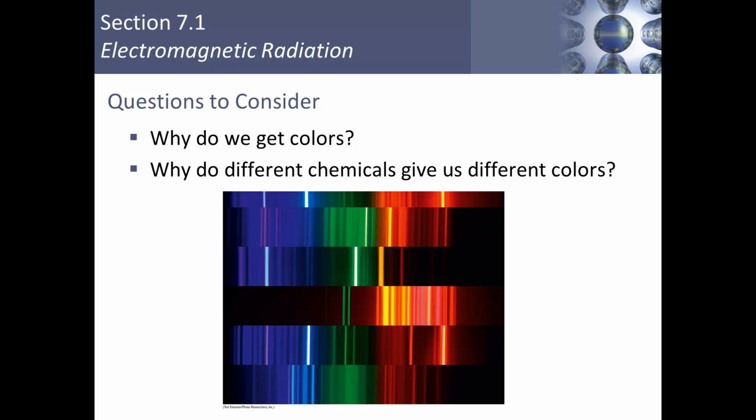So some questions to consider are: why do we get colors, and why do different chemicals give us different colors? Shown here are line spectra for several different pure elements. We can see that, while many of the same wavelengths of light are observed for these elements, they're not identical. And again, this all has something to do with electron structure.